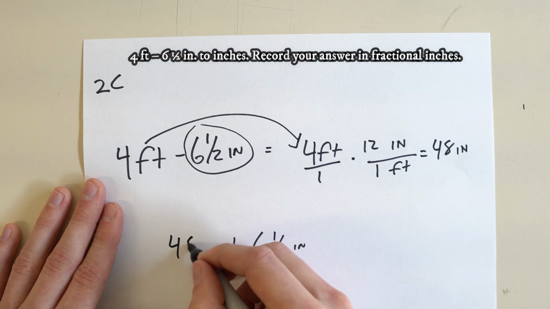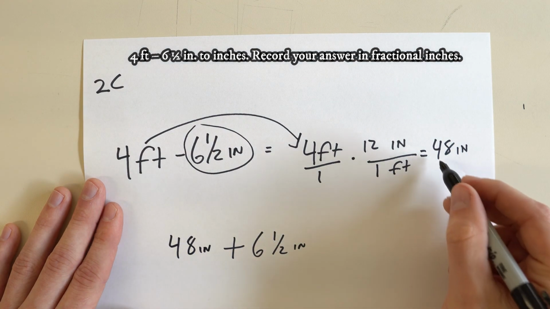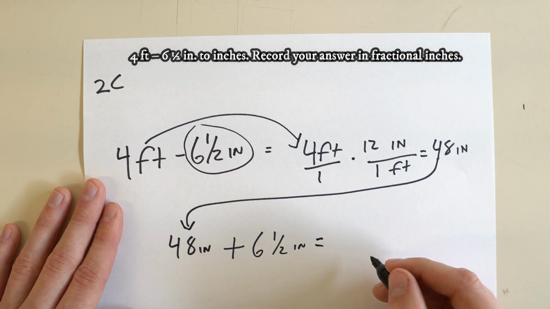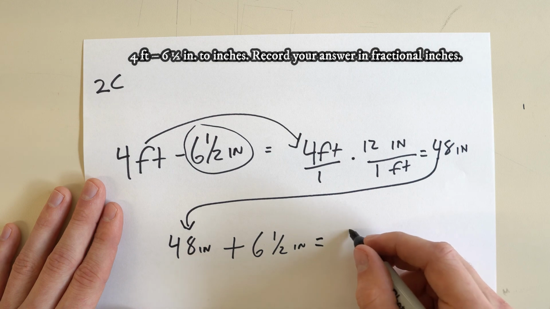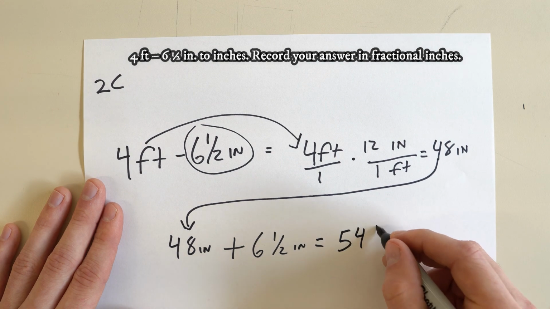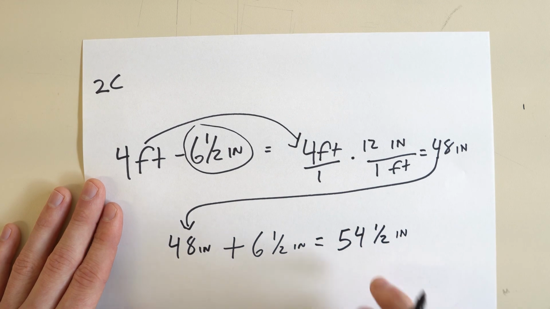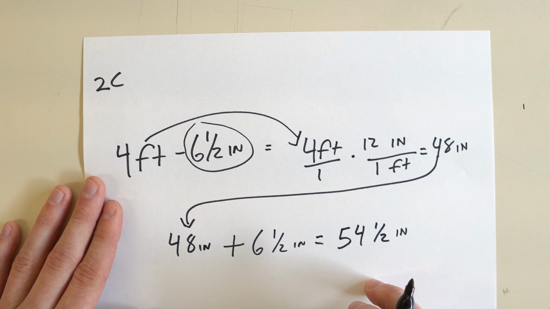So we've got 48 inches, plus our 6.5 inches, which is going to give me 54.5 inches. That would be our answer in fractional inches.